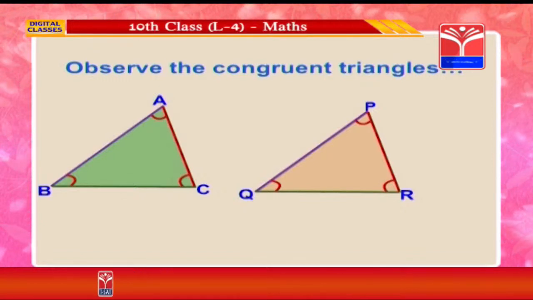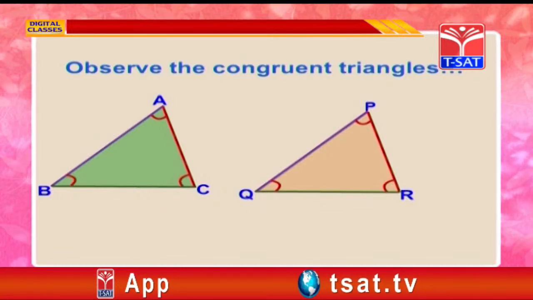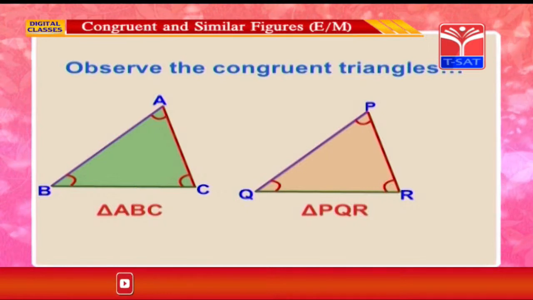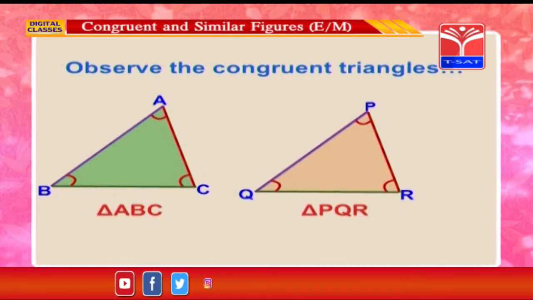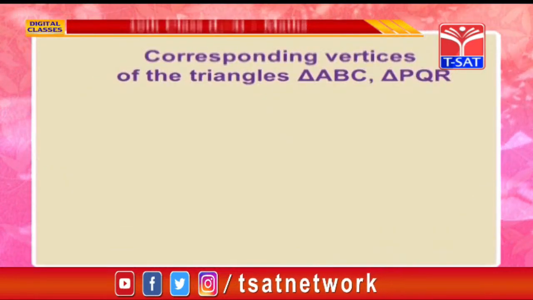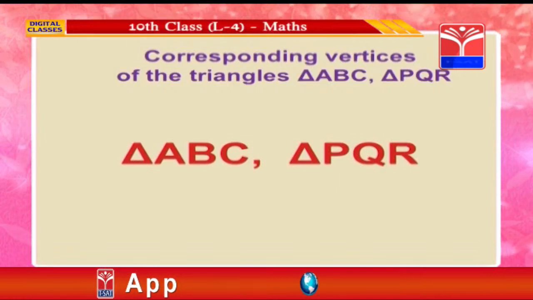You can see we have two triangles, triangle ABC and triangle PQR. These are the two triangles and given that these two are congruent, that is, they are the same in shape and the same in size. Now, let us observe the corresponding vertices of these triangles, triangle ABC and triangle PQR.